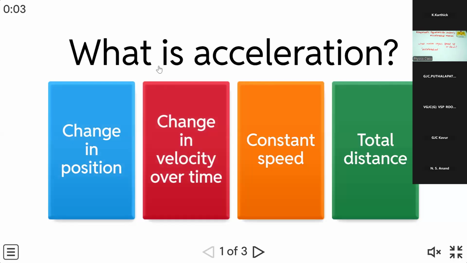So what is acceleration? There are four options. A, change in position. B, change in velocity over time. C, constant speed. And finally, total distance. What is acceleration?